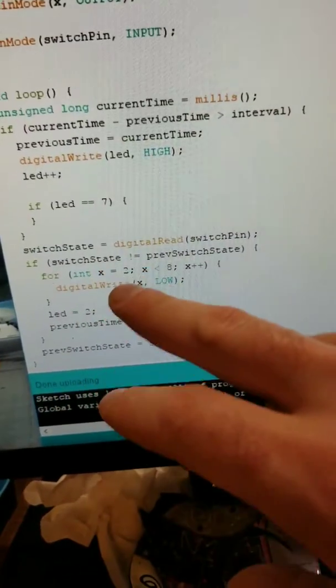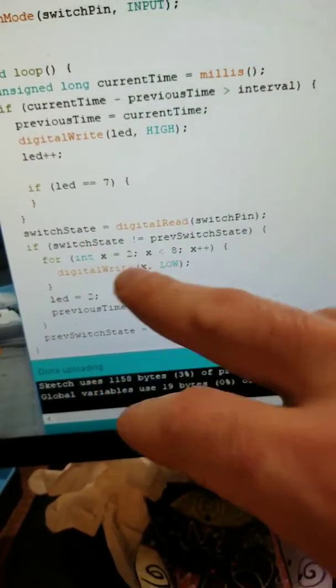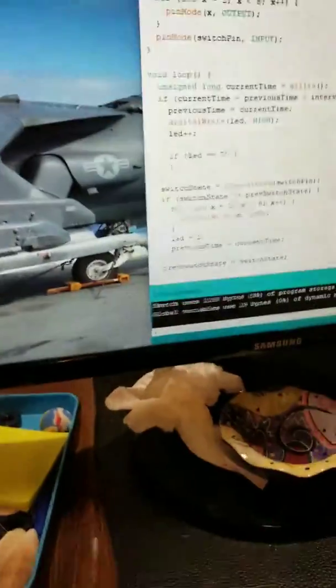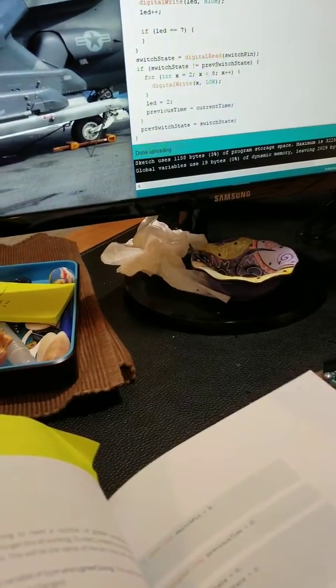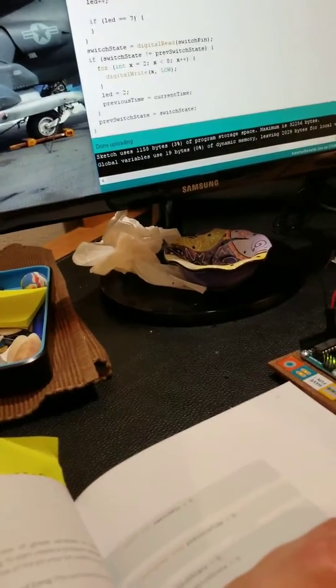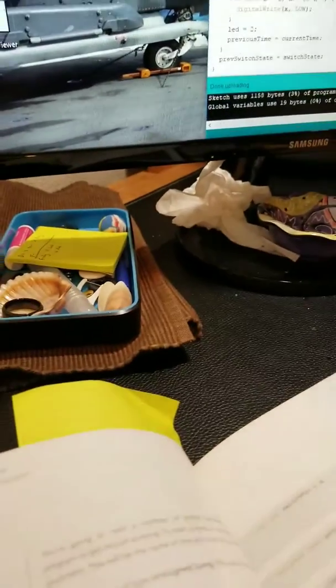Towards the bottom here, the exclamation mark and the switch state and the previous switch state. This talks about how we reset the tilt switch in the Arduino, well, not the total Arduino, but the state of the LED lights.